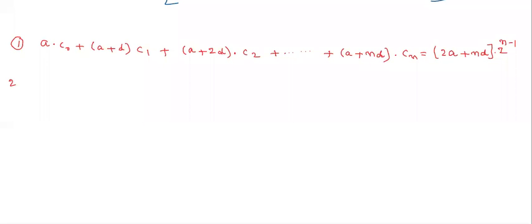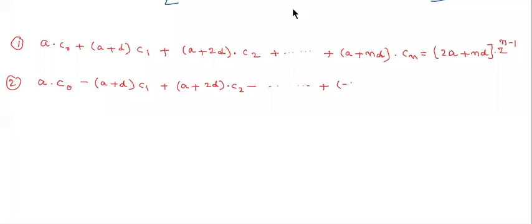Okay. Now, second one, A into C0 minus (A plus D) into C1 plus (A plus 2D) into C2 minus and so on. The last term, what we get, students?